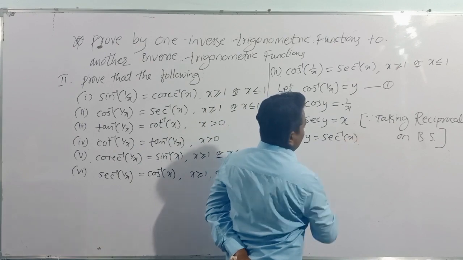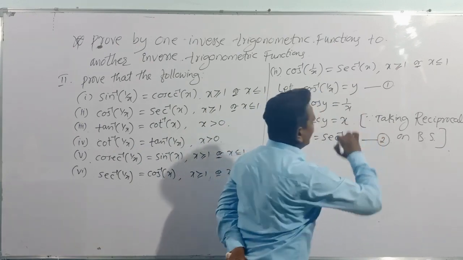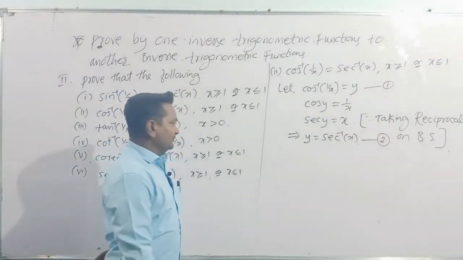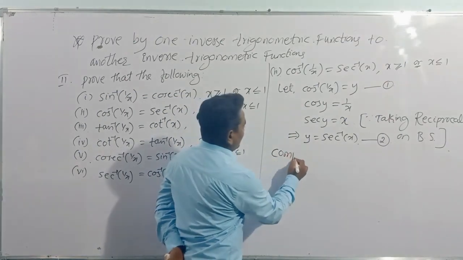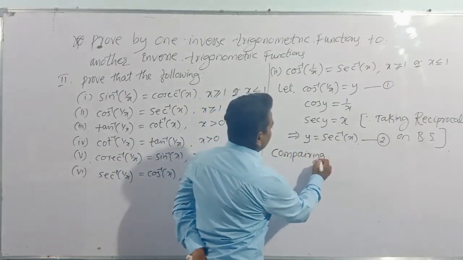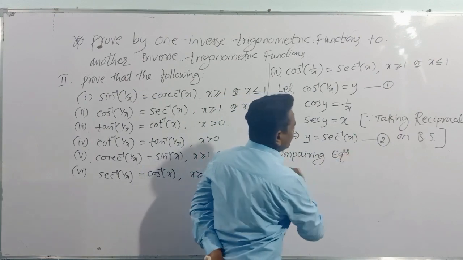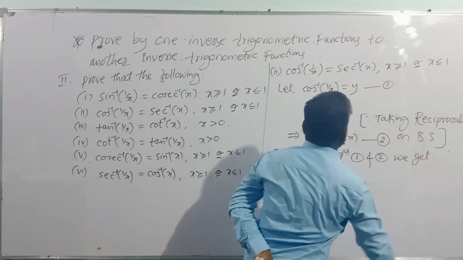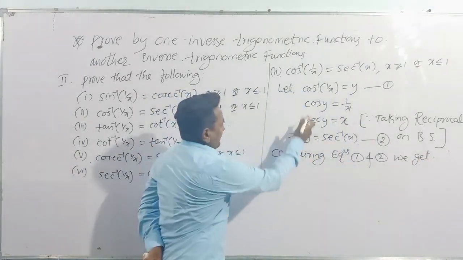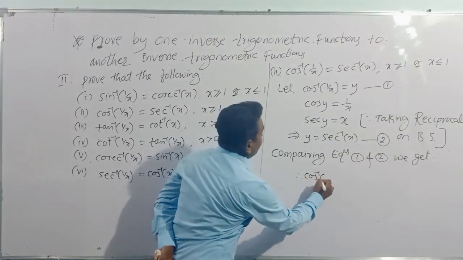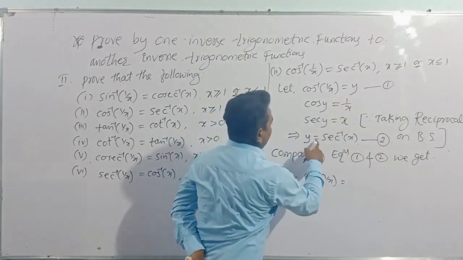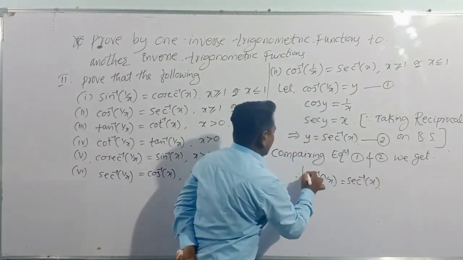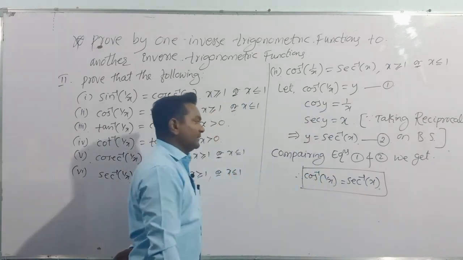Take it as equation number 2. Now comparing equations 1 and 2, we get cos inverse 1 by x is equal to sec inverse x. This is the proof of the second property.